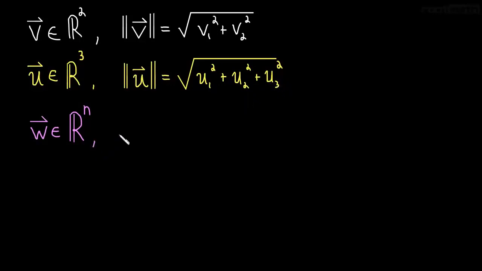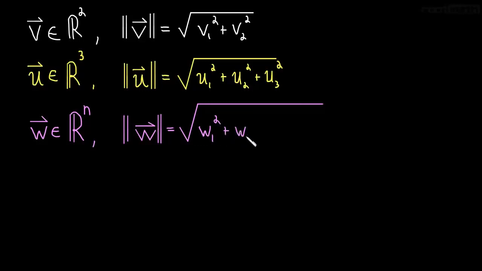For a vector in Rn, the length is defined to be as follows. This is just equal to the square root of w1 squared plus w2 squared plus everything in between, so w3 squared plus w4 squared, and so on, all the way up till you get to the last component.